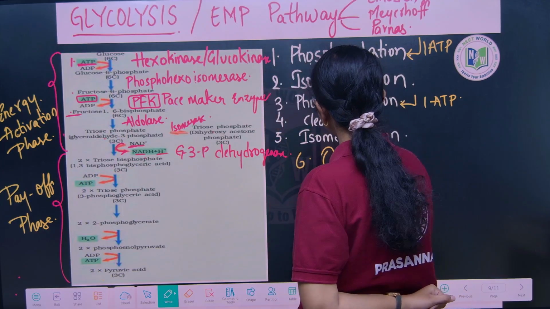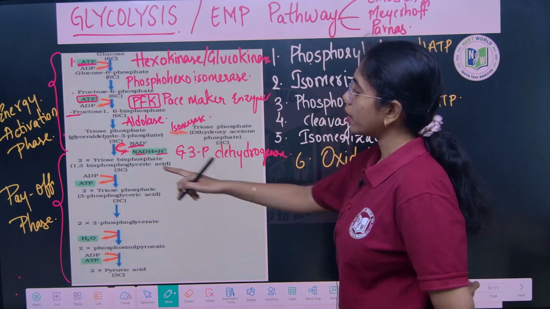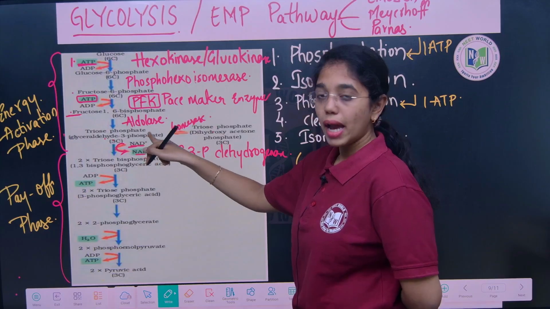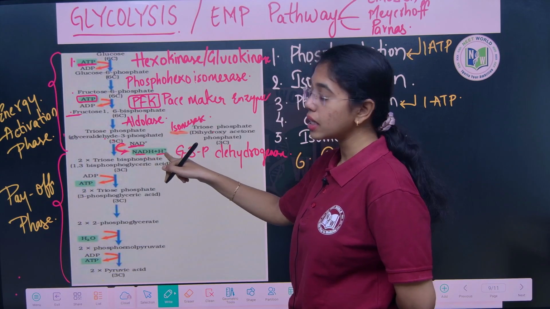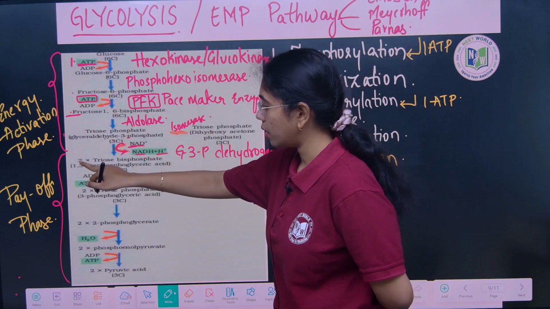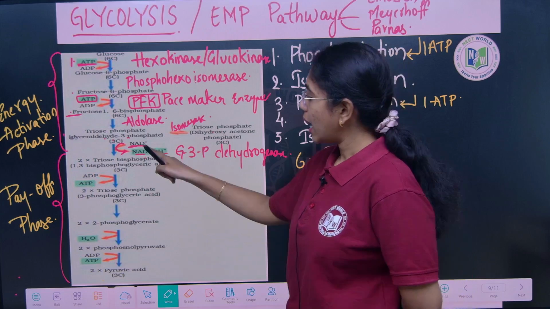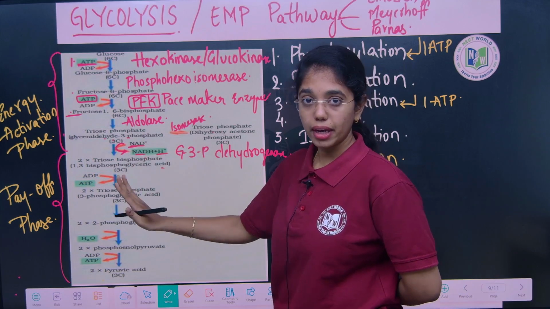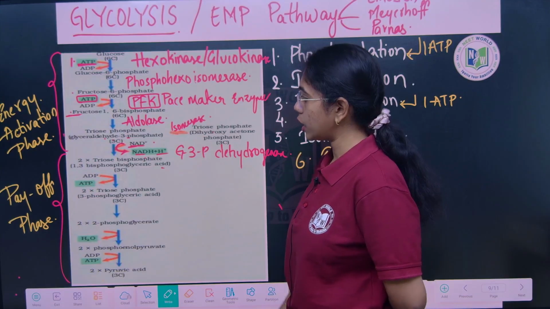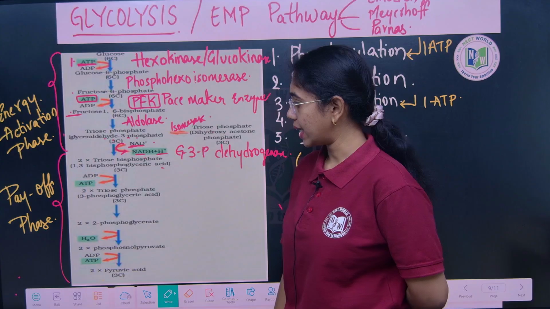Please correct this. This is oxidation. The 6th step is oxidation, where removal of protons happens from G3P. H plus is being added to NAD plus to form NADH plus H plus. Got it? So G3P got oxidized to 1,3-bisphosphoglyceric acid. NAD plus is reduced. Very important to remember, NAD plus is reduced to NADH plus H plus and G3P is oxidized to 1,3-bisphosphoglyceric acid.